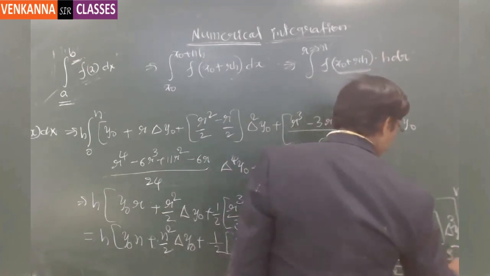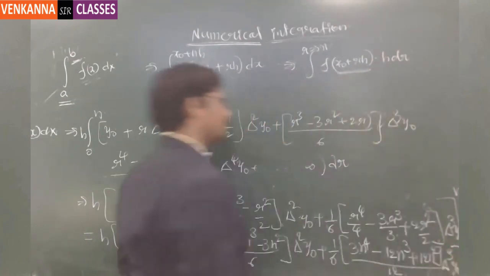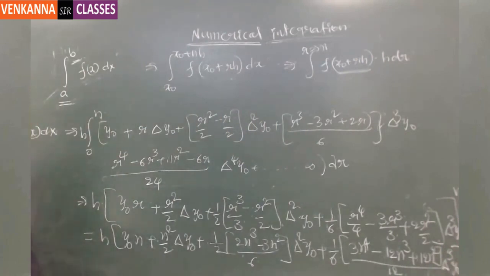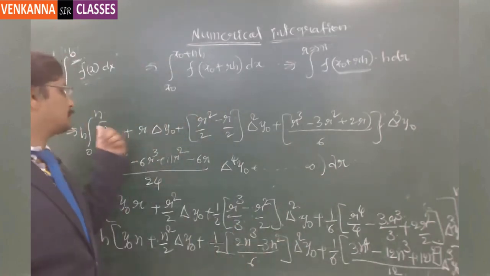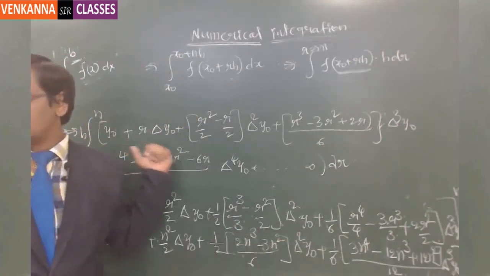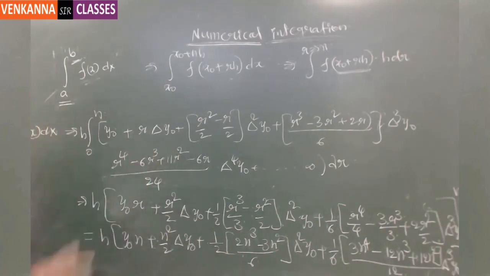This is delta cube y naught. So this is the formula. Here, instead of r, we have now replaced it in terms of n by substituting the upper limit, the lower limit being 0. So this is what we call the Newton-Cotes formula.